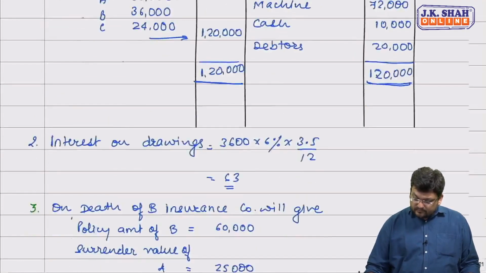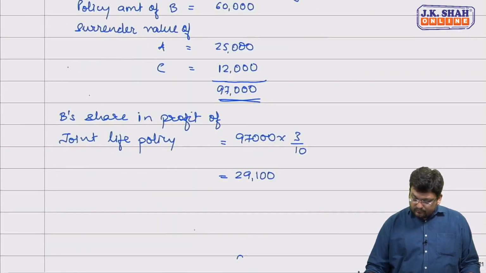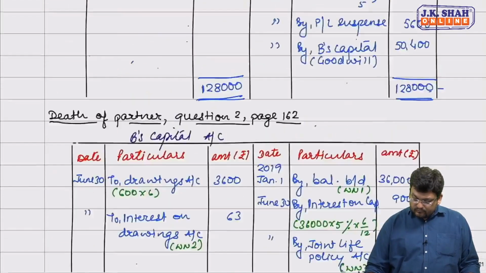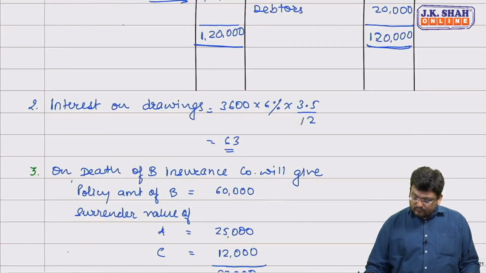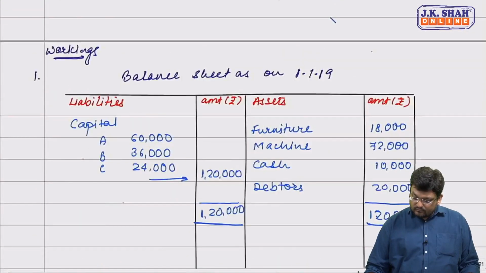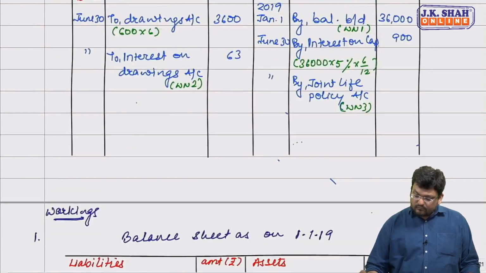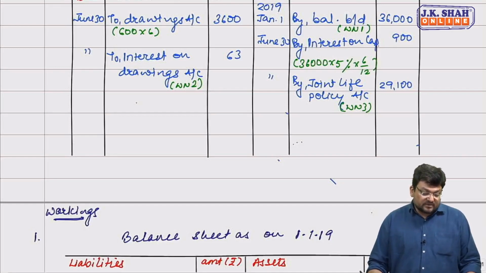Correct? It is 29,100. What else is to be given, sir?